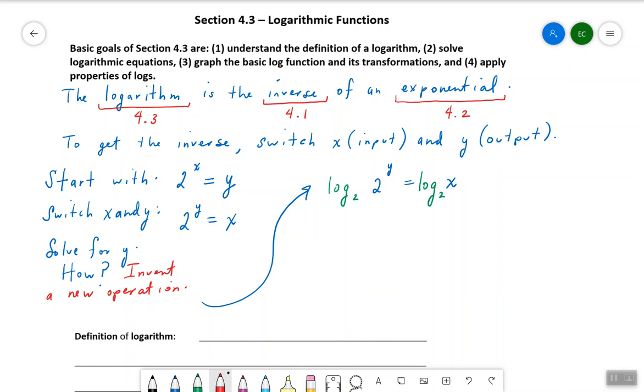And then this log base 2 and this base 2 in the exponential 2 to the y cancel, and we're left with y equals log base 2 of x.